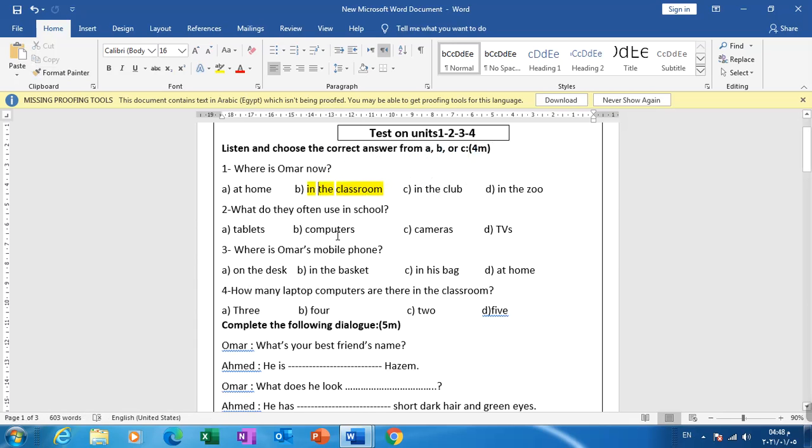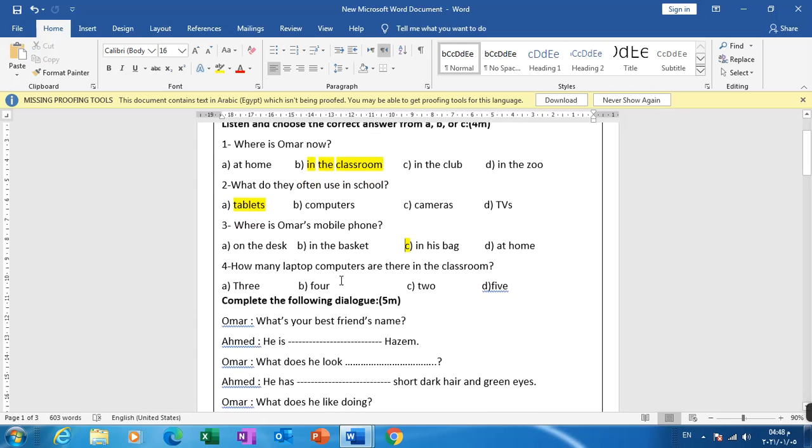What do they often use in school? After listening, they often use tablets in school. Excellent. Number 3. Where is Omar's mobile phone? On the desk, in the basket, in his bag, at home? In his bag. How many laptop computers are there in the classroom? There are 2 laptop computers in the classroom.